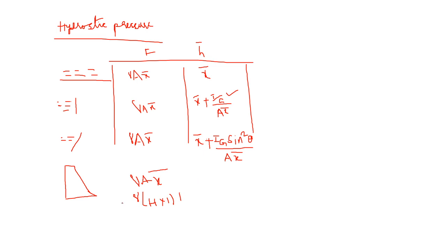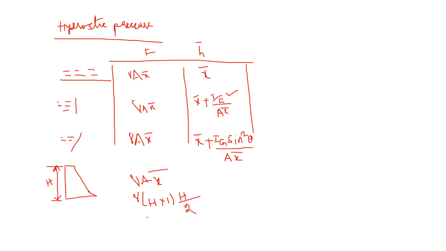From here h by 2. The height is h. Then x bar will become h by 2.